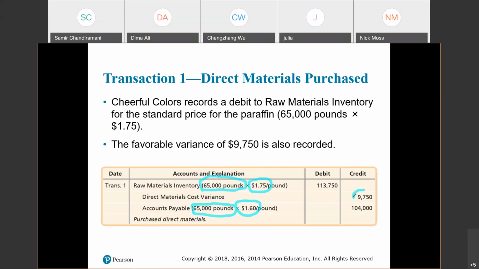This should be the difference. We should debit or credit this account to make this journal entry balanced. Okay, this is the example transaction 1, the purchase of direct material, in order to record the direct material cost variance.